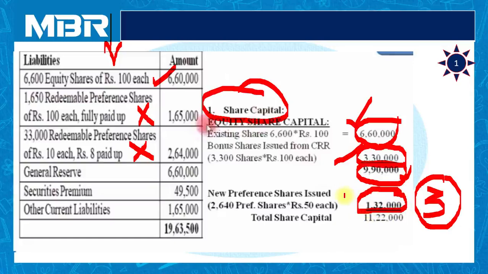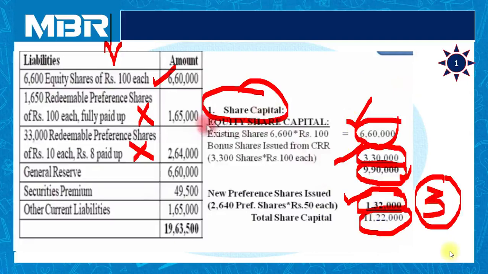Total equity share capital of the company 9,90,000 plus new preference shares issued by the company 1,32,000. So total share capital of the company is rupees 11,22,000.